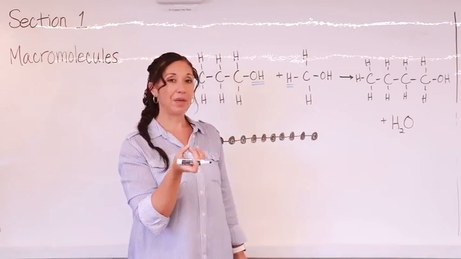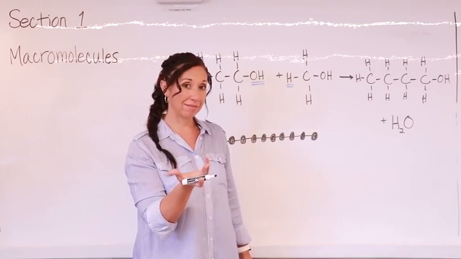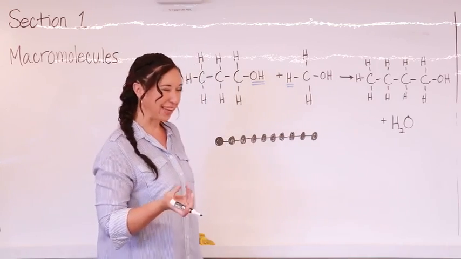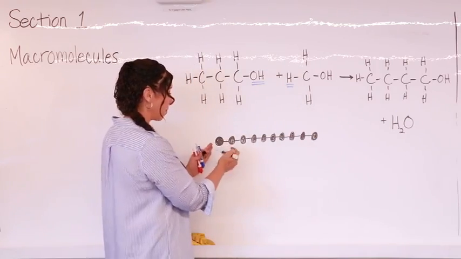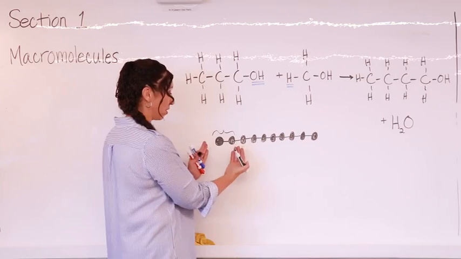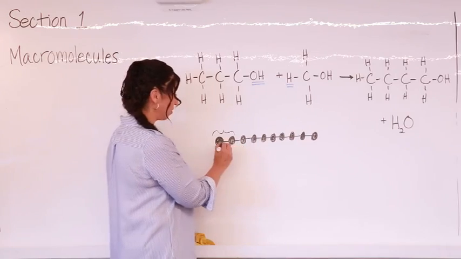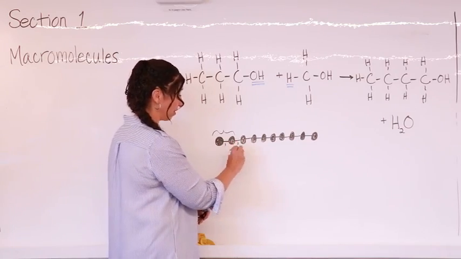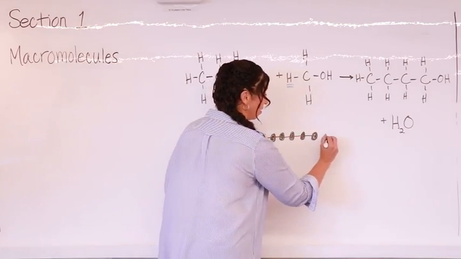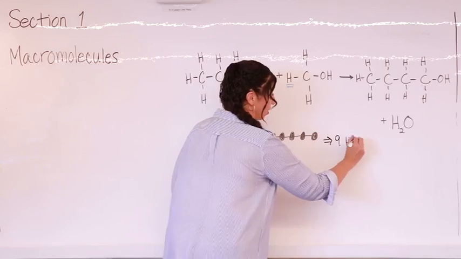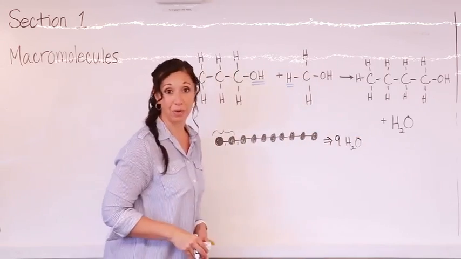So how many molecules of water were made? 9. If you're thinking 10, don't go 10, think 9, because you always have to go 1 less, because the first reaction you have to do involves just putting 2 together. So there's 1 molecule of water, there's my second, there's my third, and there you go. So this would make 9 H2Os at the very end. At the end of the day, you would have 9 waters done.